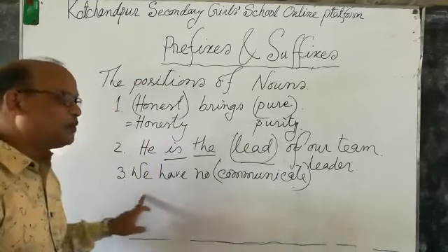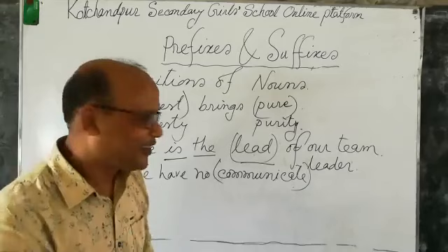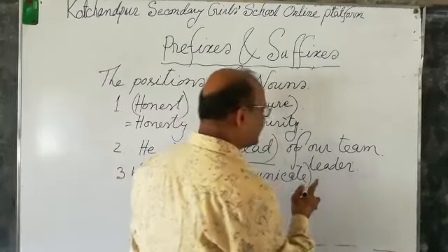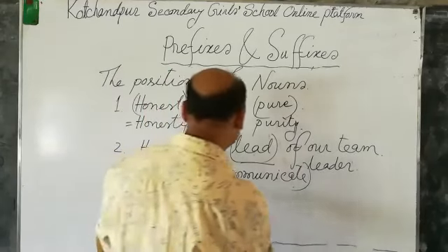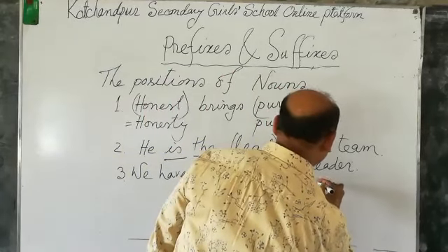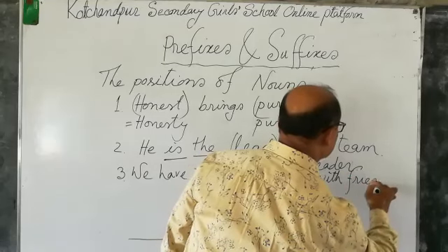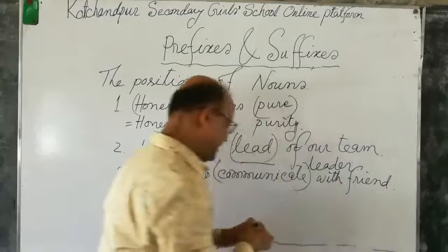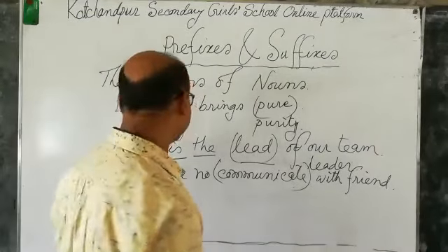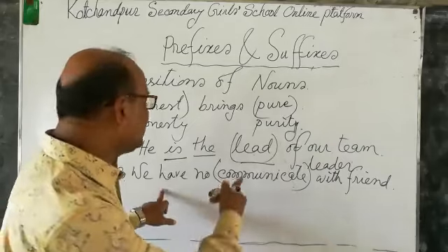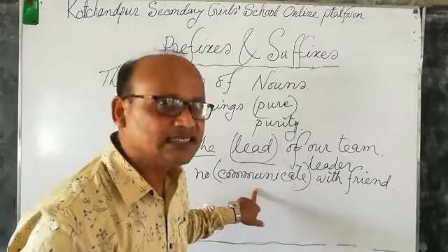We have no communicate. With whom? Our friends. Yes, as now in that period of COVID-19, we have no communication with our friends, or you may say, near and dear ones. So, what will be here? We have no communication.